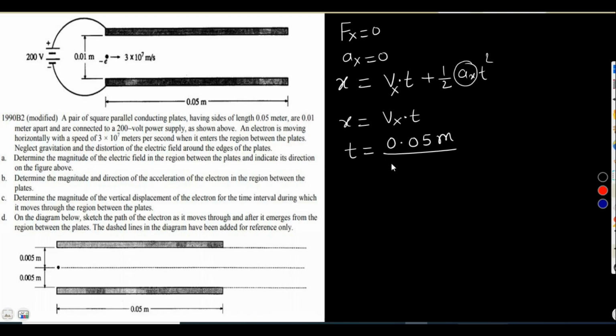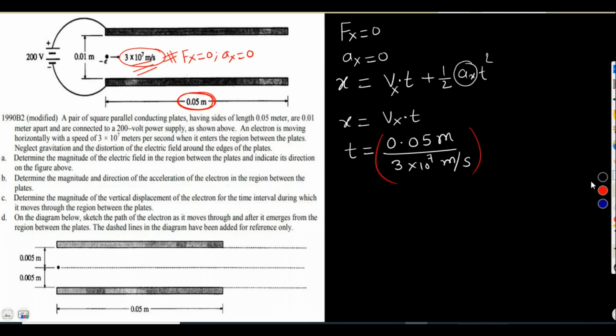What is the vx? Vx is 3 into 10 raised to power 7 meter per second. Please note, this is the horizontal speed or velocity. It will not change because Fx is equal to 0, hence ax is equal to 0. And this is the horizontal displacement the electron has to travel.